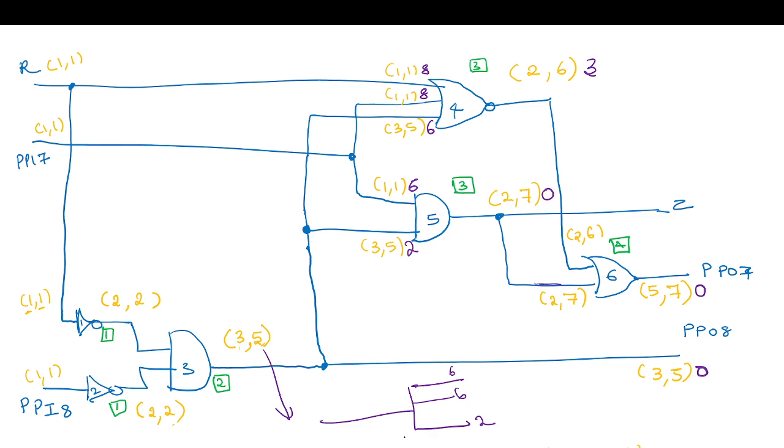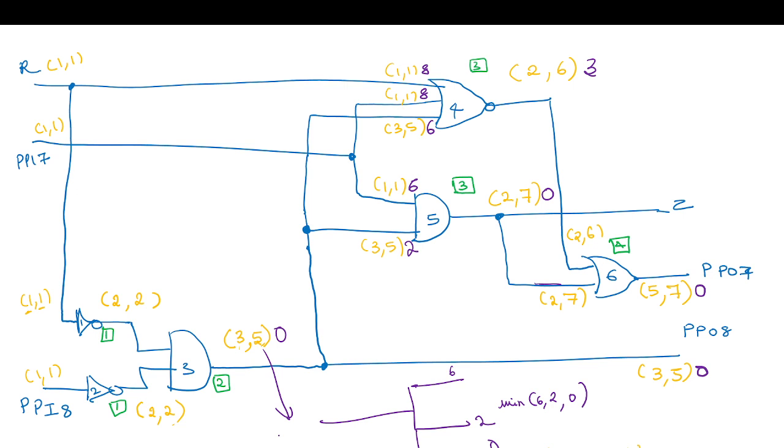So it should be the minimum of 6 and 2, which is 2. So we have even the fan-out covered in this example.